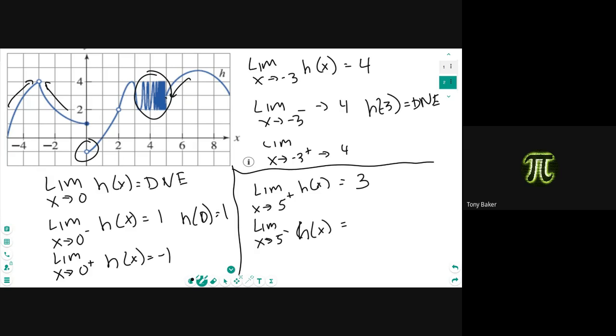So I can't tell if it stops at 3. So in that case, that value does not exist, and since one of the sides doesn't exist, that means the entire limit does not exist. Since there's no point there, I would assume if you plugged in a value, you would get 3.